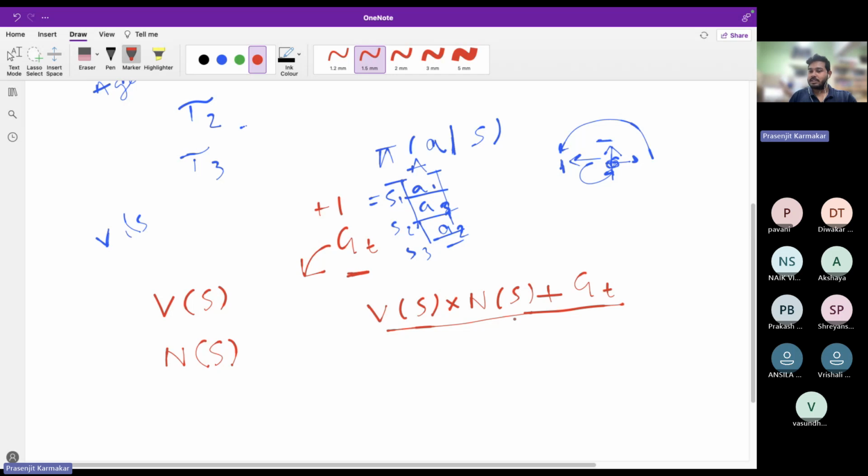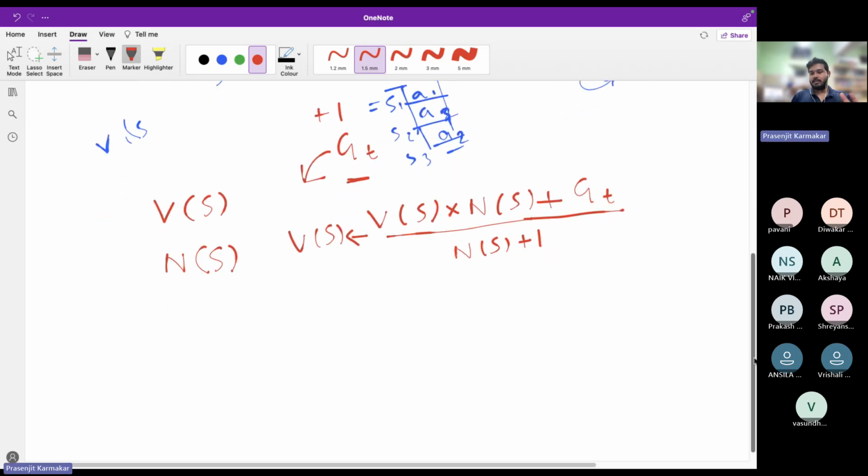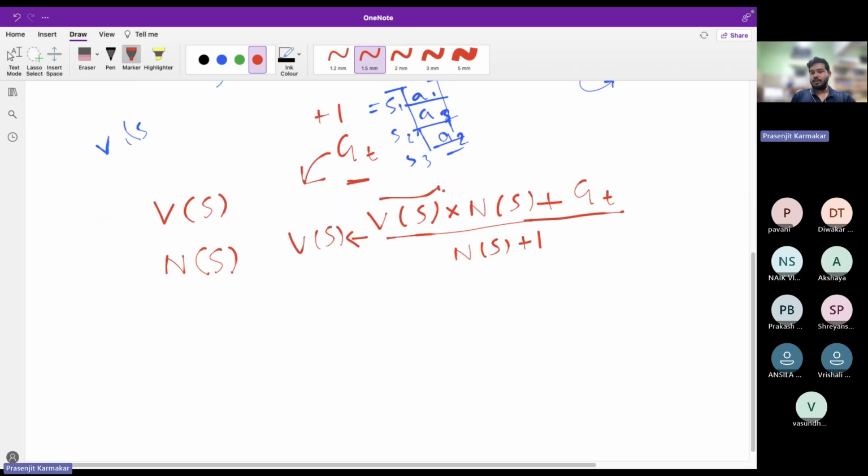And the total number of visits is N(s) plus 1. This is the updated value function. Got it? It's pretty easy. You compute the earlier total return, add the current return you got, and divide by the updated number of visits for that particular state. So let's simplify it a bit.